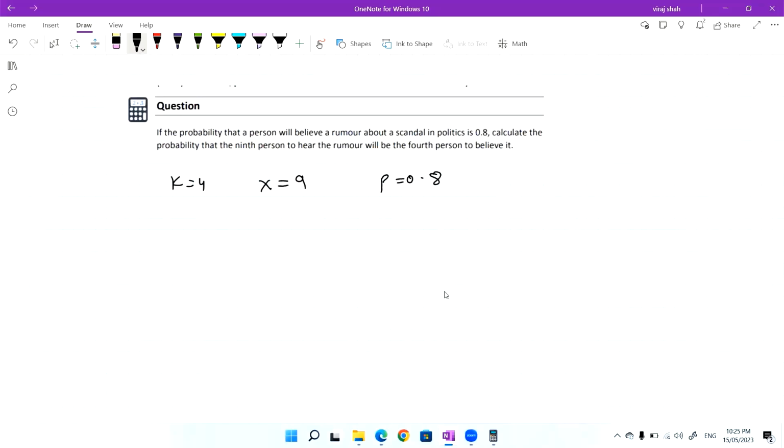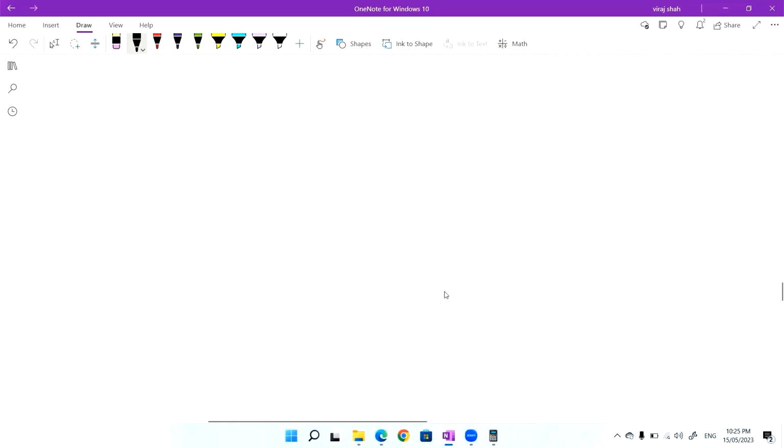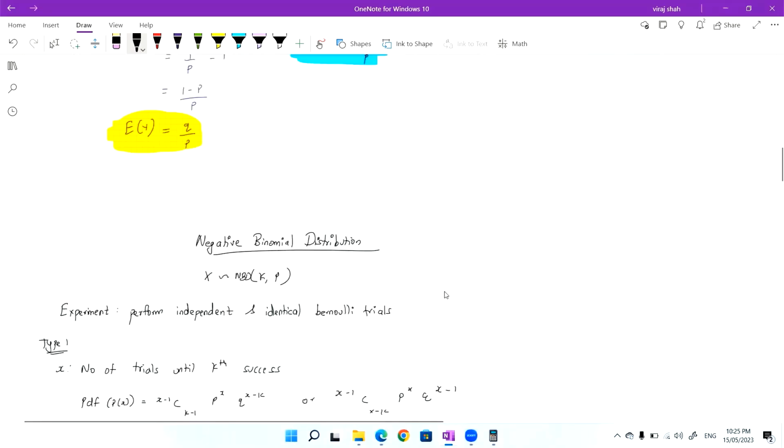What do I use? I use number of successes. You have to model your successes. So type 1 negative binomial distribution. So what is its PDF? Let me just copy paste it.